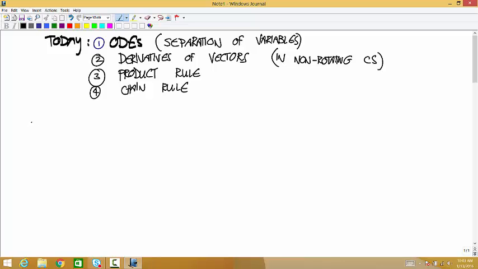Okay, so we're going to start with ordinary differential equations. Here's the approach that we're going to follow when you see a differential equation.